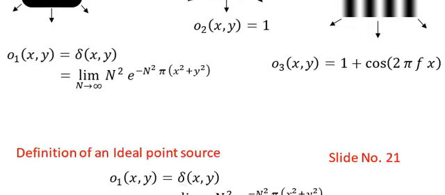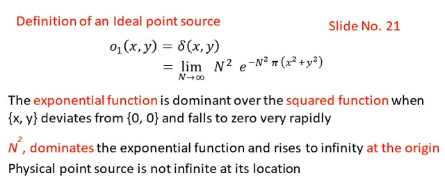Let's consider the definition of the ideal delta function that we have given. O1 was defined by the delta function, delta of xy, and its mathematical definition is n square multiplied by the exponential function e to the power minus n square pi times the bracket x square plus y square, with the limit as n goes to infinity. This definition is consistent with the definition of the delta function.